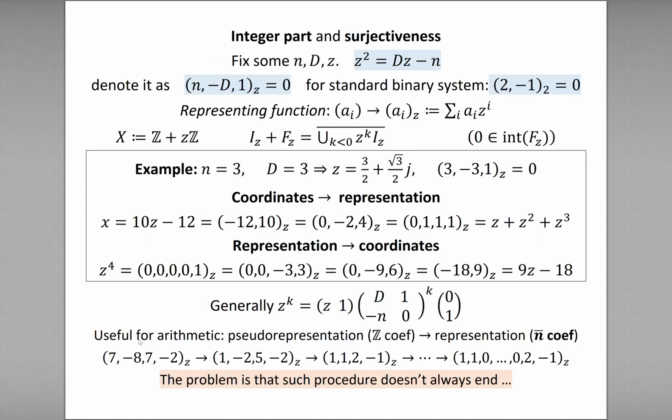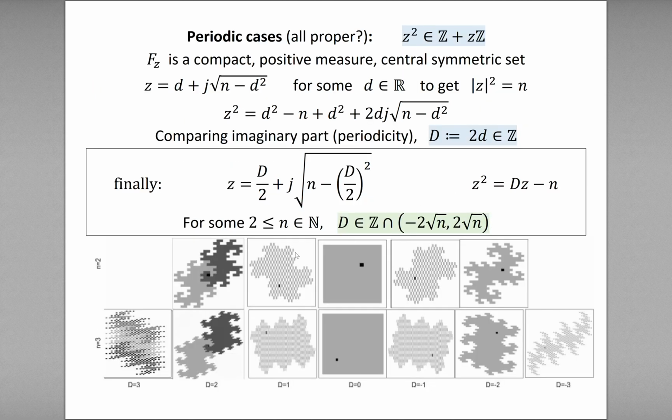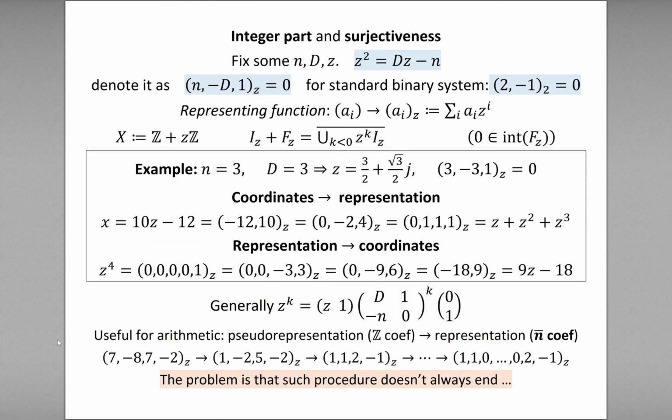The problem is that sometimes this kind of reduction procedure will never end, because we get in a cycle. So here we can have this problem, and we need these three shifted fractals to completely cover the plane.